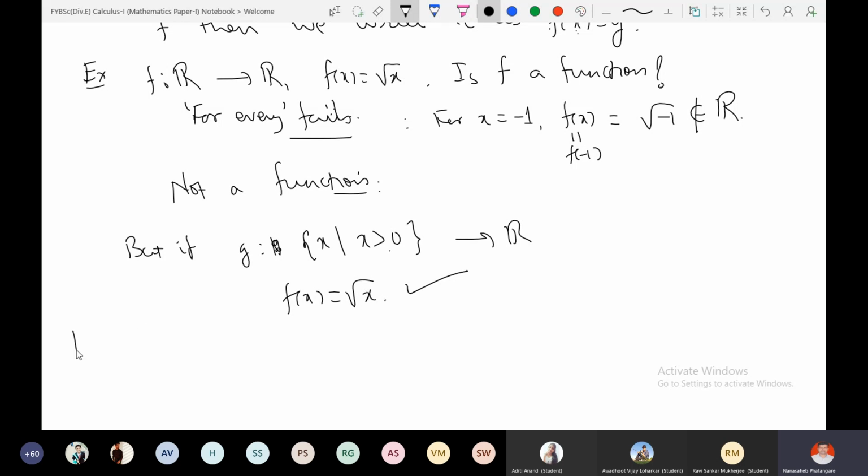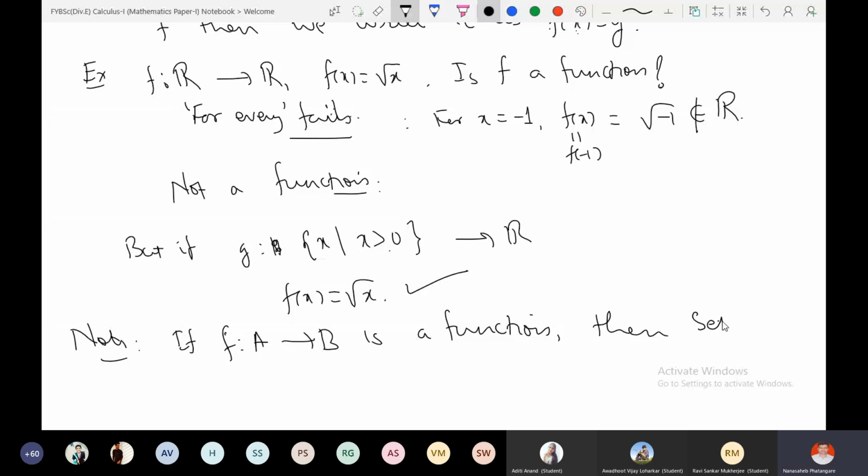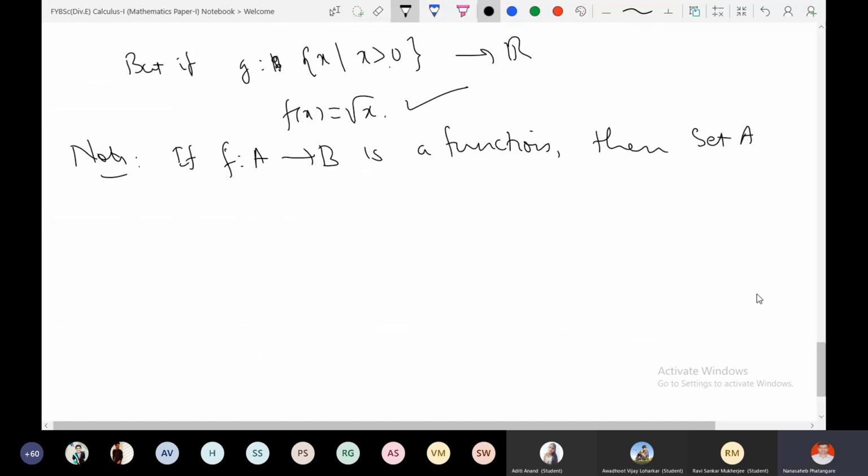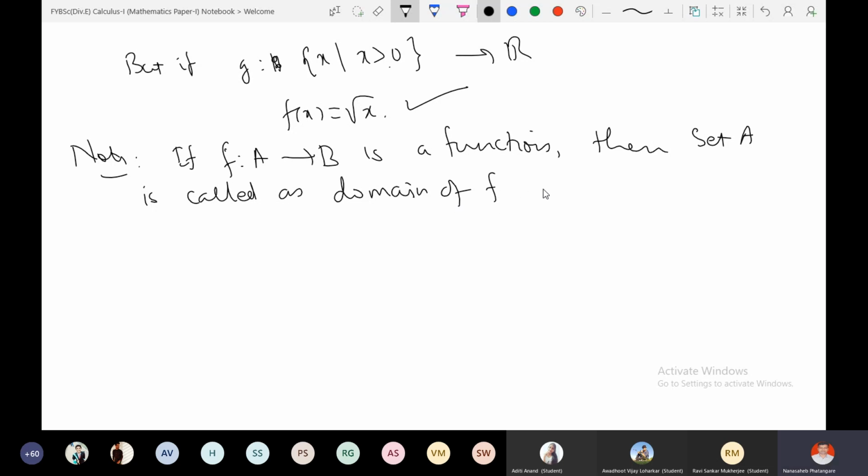So let me note this. If f from A to B is a function, then set A is called the domain of f, and B is called the codomain.